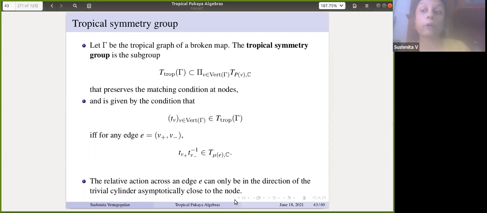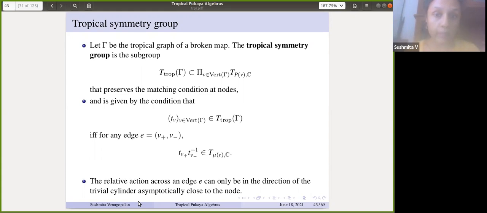Remember that for a node, we had a trivial cylinder or a one torus, which the node is asymptotic to. And in order to preserve the matching condition, the relative action across an edge E can only be in the direction of that trivial cylinder. So that's the condition which gives you the subgroup of the product of tori which preserves the matching conditions.